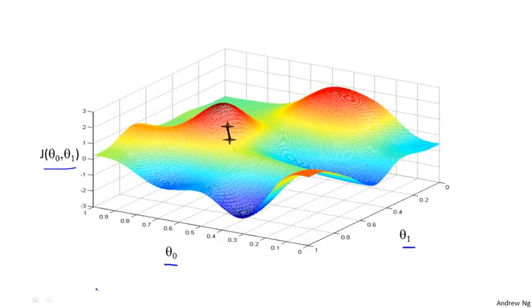Okay? And now you're at this new point on your hill. You're going to again look all around and ask, what direction should I step in order to take a little baby step downhill? And you take another step in that direction. And then you keep going. From this new point, you look around, decide what direction will take you downhill most quickly, take another step, and so on, until you converge to this local minimum down here.